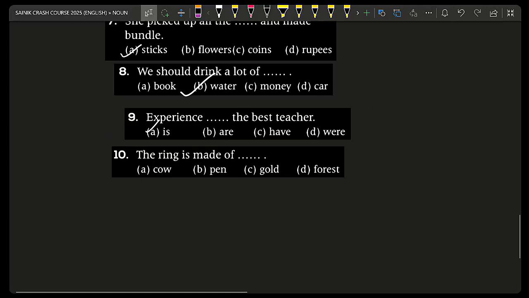Time's up. Only one student gave a wrong answer. The ring is made of pen. No logic behind it.